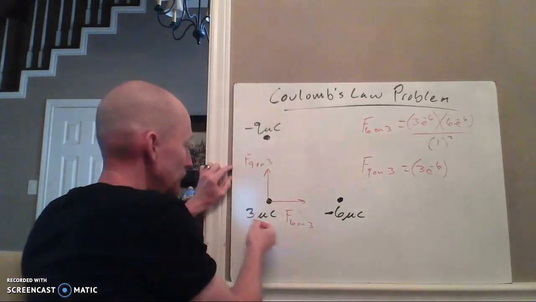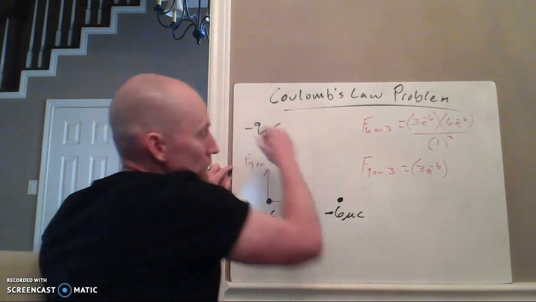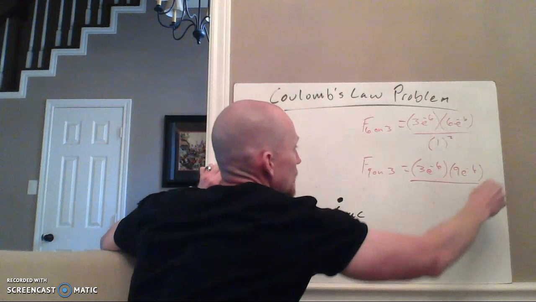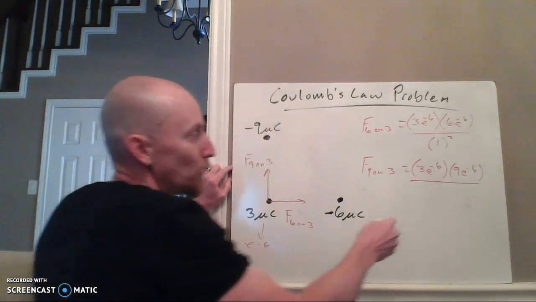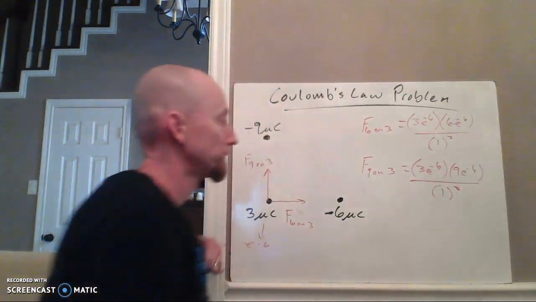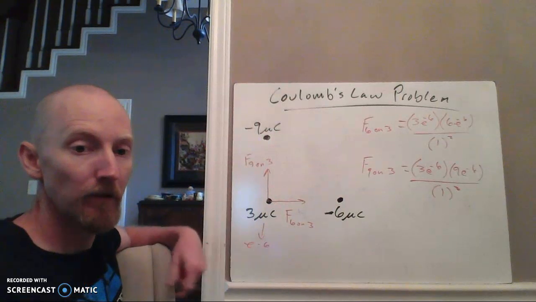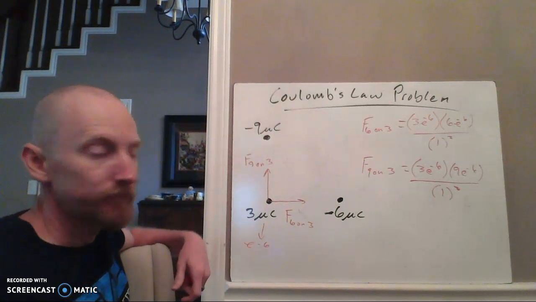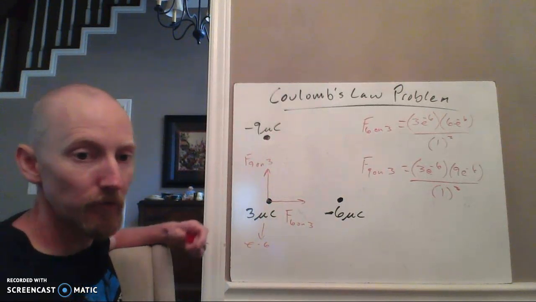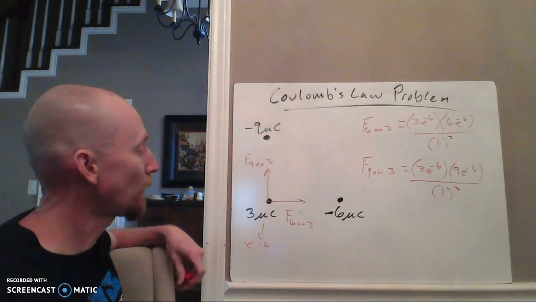I still got this one, 3e negative 6. I got this charge, which is 9e negative 6. And let's say this distance is also 1, just to make it easy, so we have 1 squared. So I can get these two forces. Okay? So you got to do 2 pieces of math to do these 2 forces, which is not the hardest thing you've ever done.